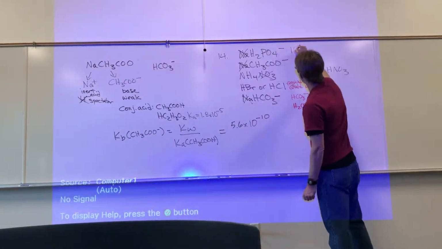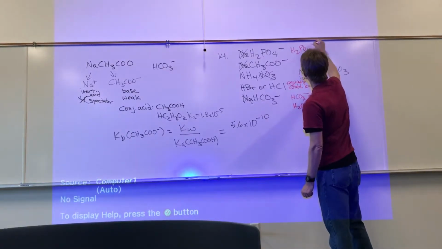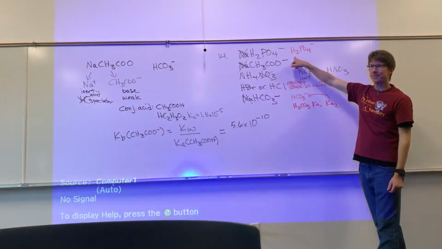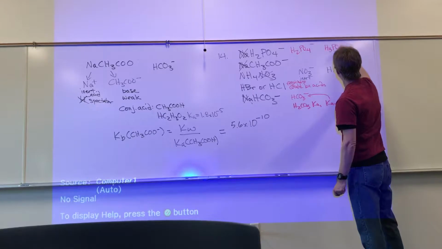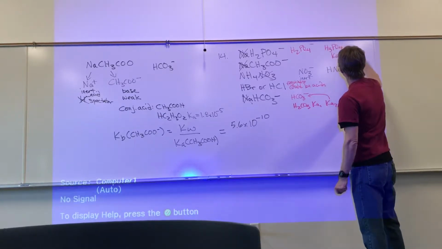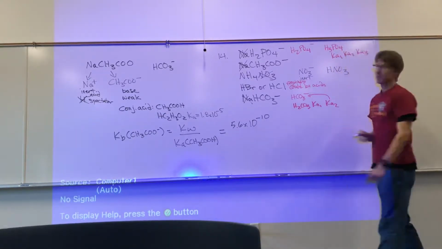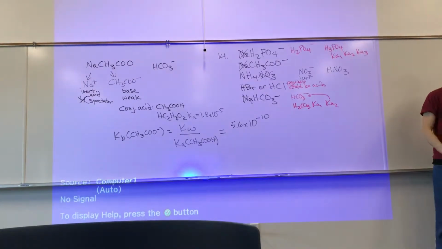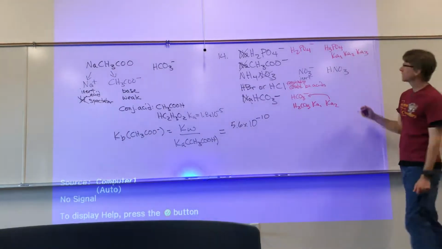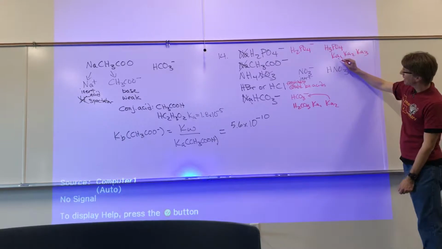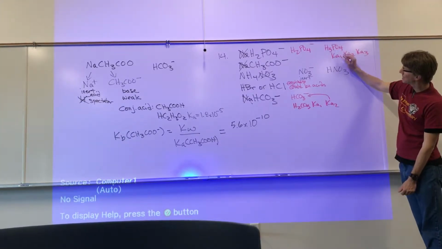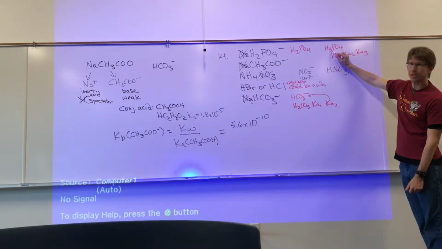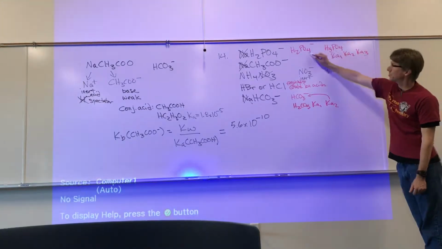And if it's an acid and you take away an H+, now you know what can be a base. Same thing up here. There are H's in the front. There is, for phosphoric acid, Ka1, Ka2, and Ka3. The meaning of these, by the way, Ka1 is take what you've got for an acid and remove the first proton. That leaves you with this.